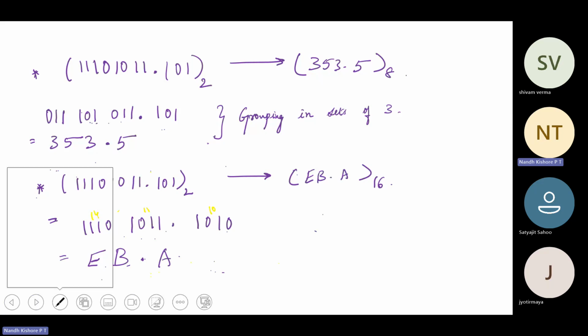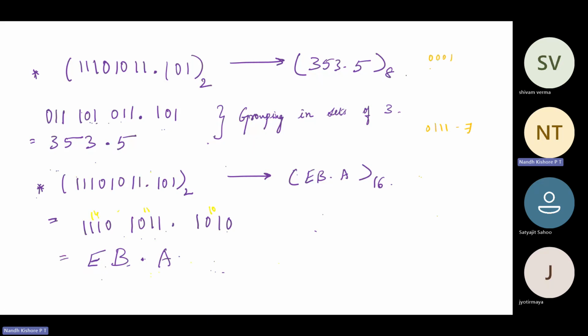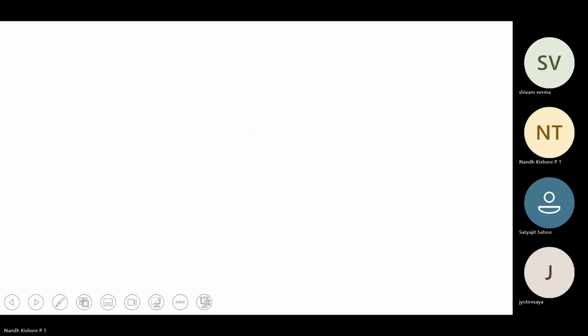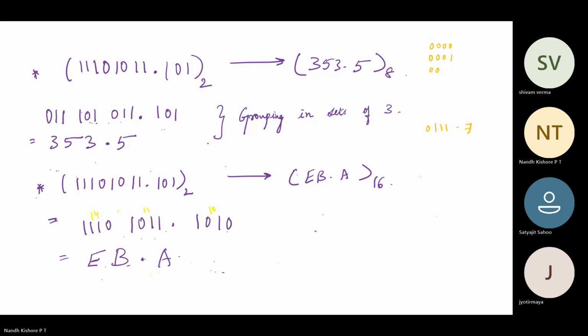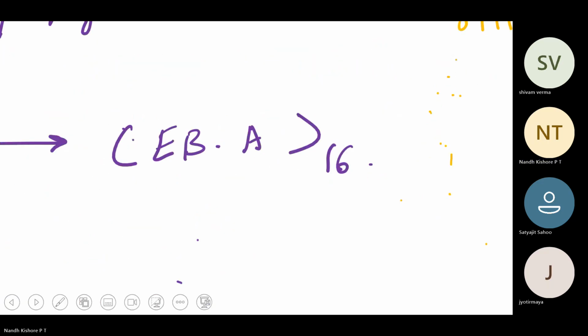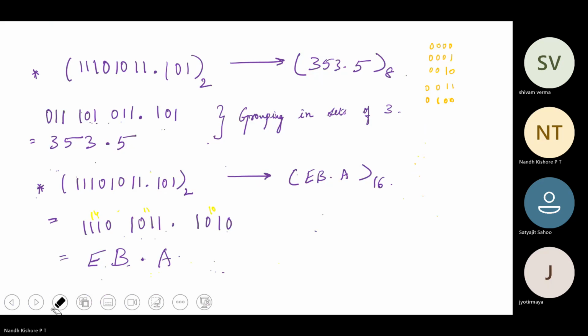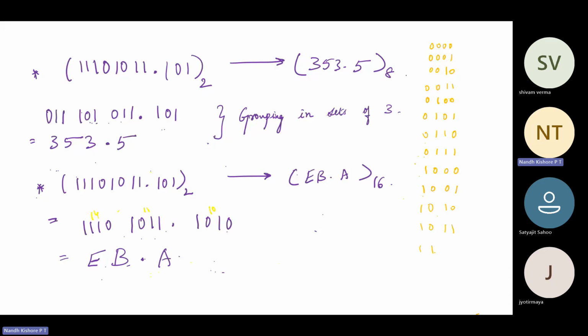Okay. So remember that in hexadecimal, your numbers are, 111 is 7. Till this, I think you know. So 0000, 0001, 0010, and so on up to 1111.